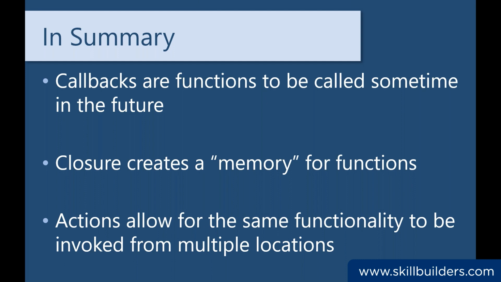And then, of course, we can create actions to allow the same functionality to be invoked or initiated from multiple different locations. And remember, those locations can be declarative buttons, menu options, or even completely custom controls that we write our own HTML and bind to it.